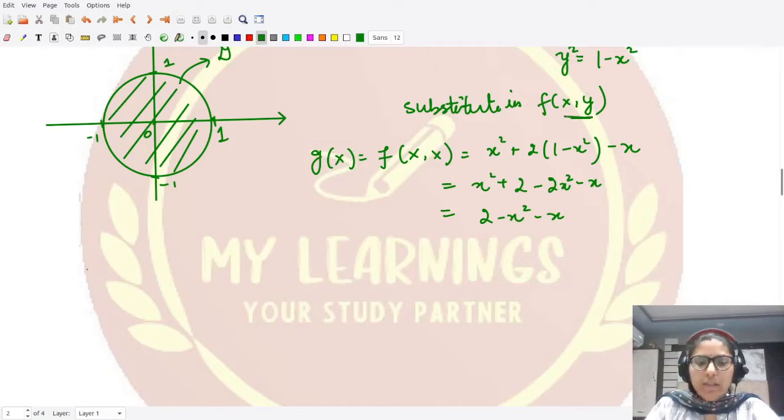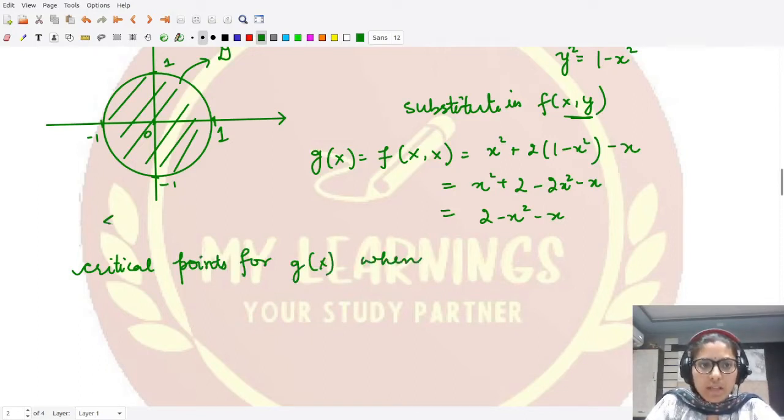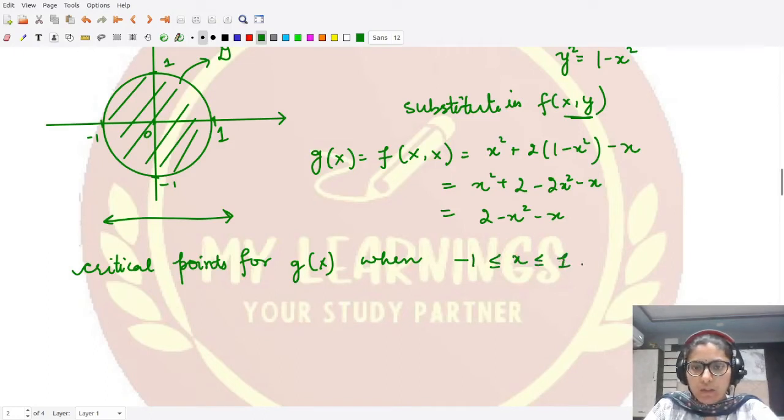So we will now be calculating the critical points for this function g of x. What is the maximum range for x? If you see, your x varies from here to here only, right? Your x varies from -1 to 1 only. So for this particular region, what is the critical point?